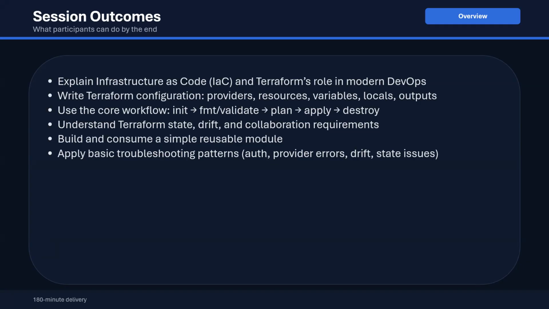Write Terraform configuration: providers, resources, variables, locals, and outputs. Now, let me tell you one thing about providers. Providers depend on what you are creating. So let's say you want to create Kubernetes. When you look at a technology like Kubernetes, we have different sources of Kubernetes.